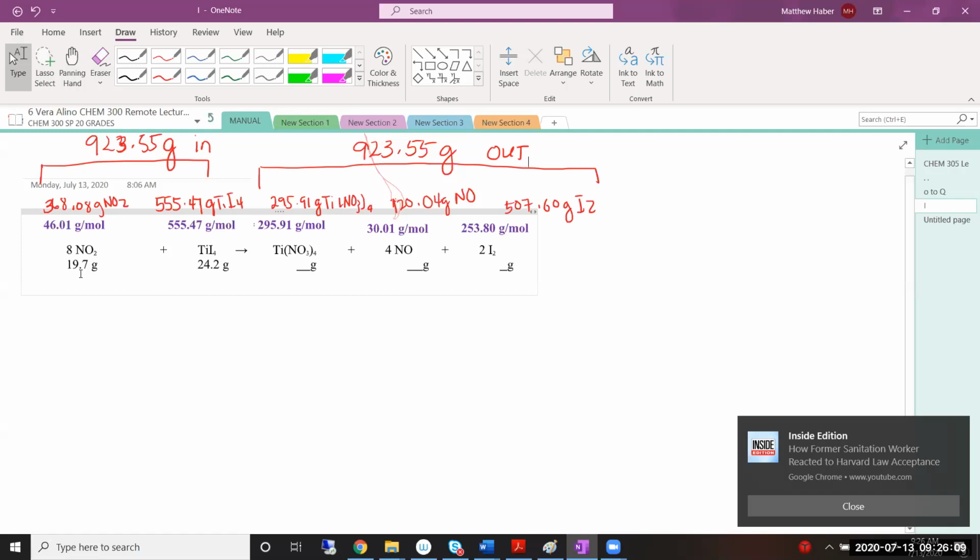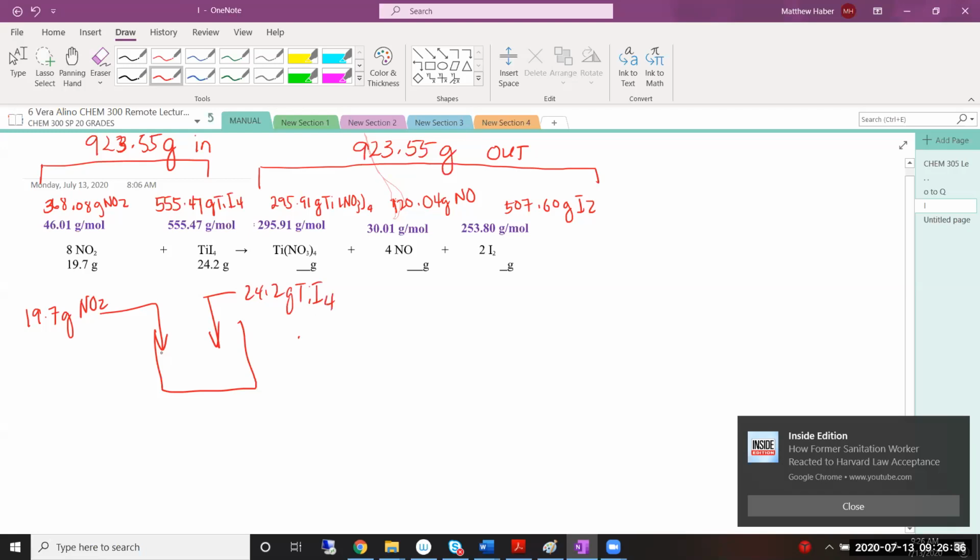So in this case, you dumped in 19.7 grams of NO2 and 24.2 grams of TiI4 in the vessel. So if I'm going to show that in the picture, dump in 19.7 grams of the first reactant and dump in 24.2 grams of the second reactant, okay?